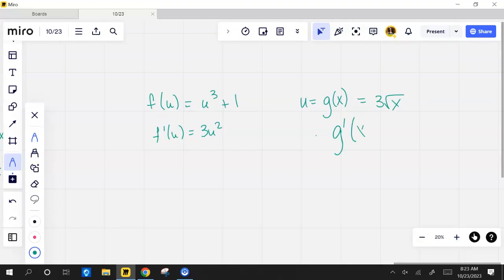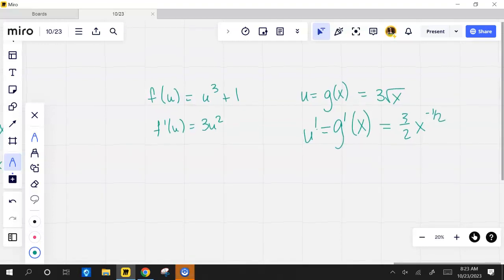What is the derivative of g, which is the derivative of u? 3 over 2. That's u, right? All right.